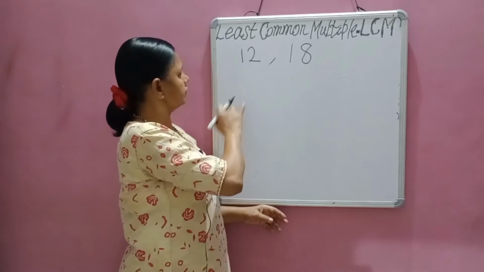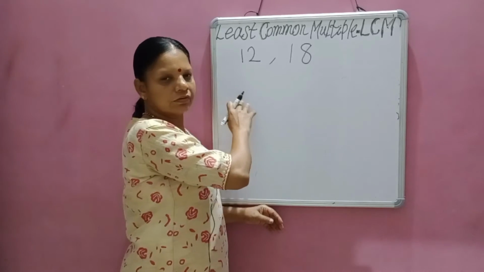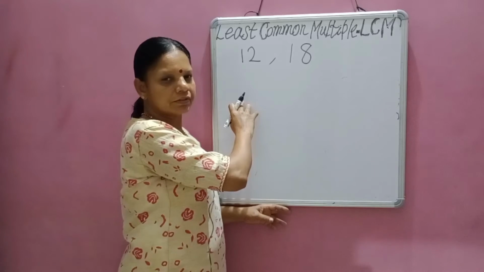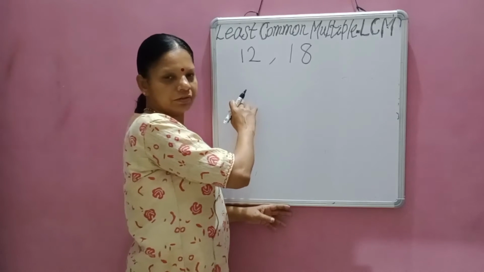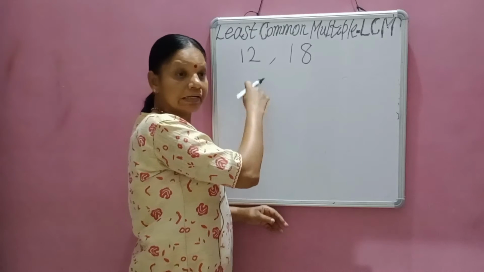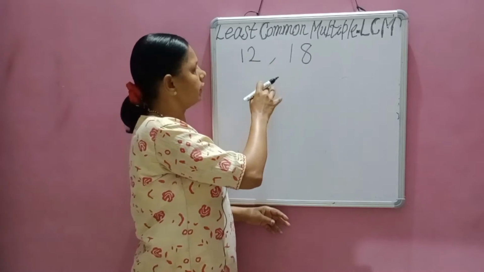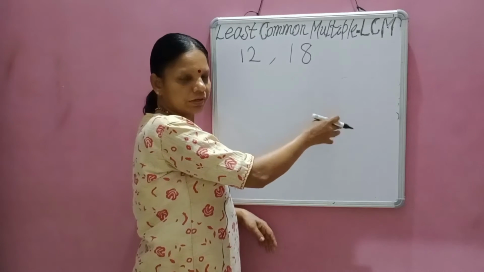The method, by prime factor method, we can find LCM. So we'll take the numbers 12 and 18 only. Prime factor method, find the prime factors, similar to the GCD, and write as a product of prime factors.